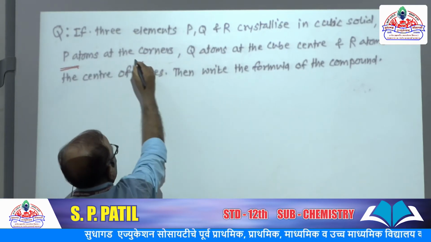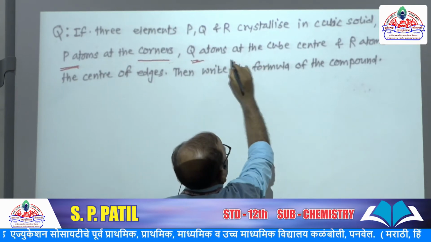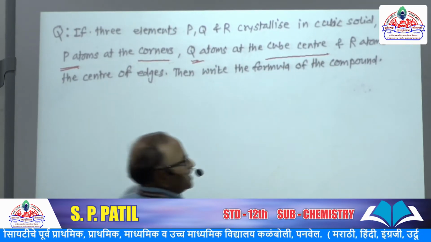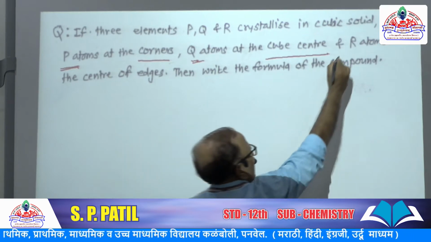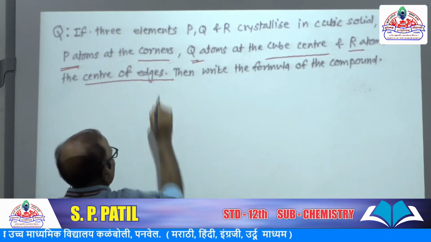So P atom is present at the corners, Q atom is present at the cube center, that is body centered, and R atom is present at the center of edge.